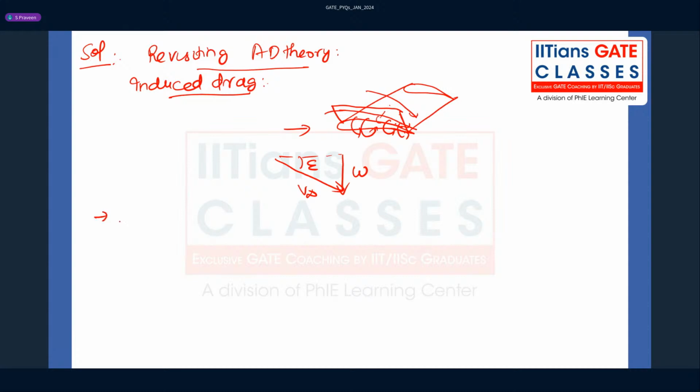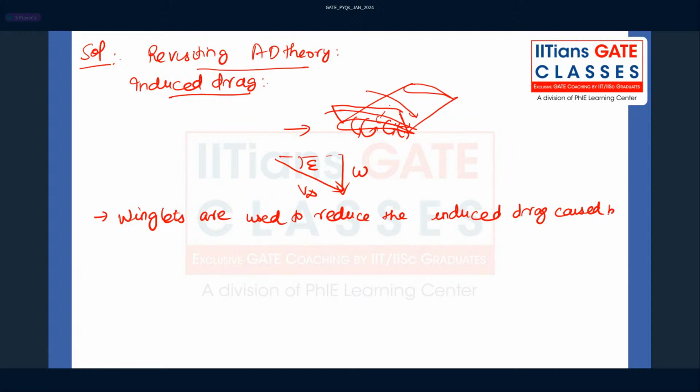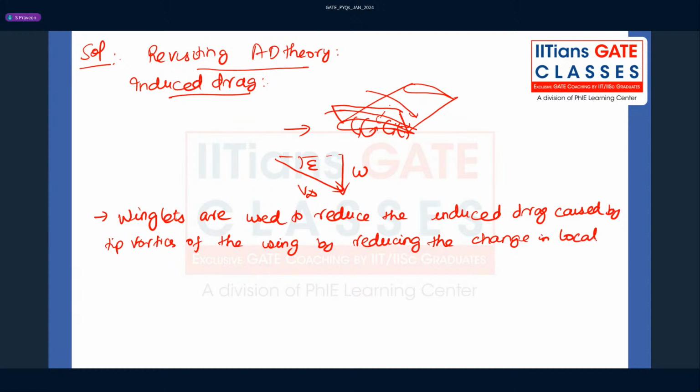I can just write it down. The winglets are used to reduce the induced drag caused by tip vortices of the wing by reducing the change in local angle of attack on the wing.